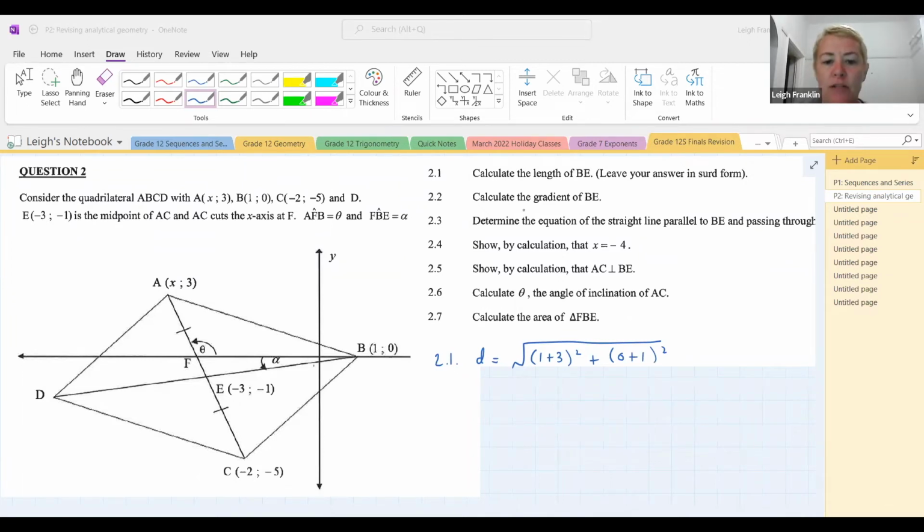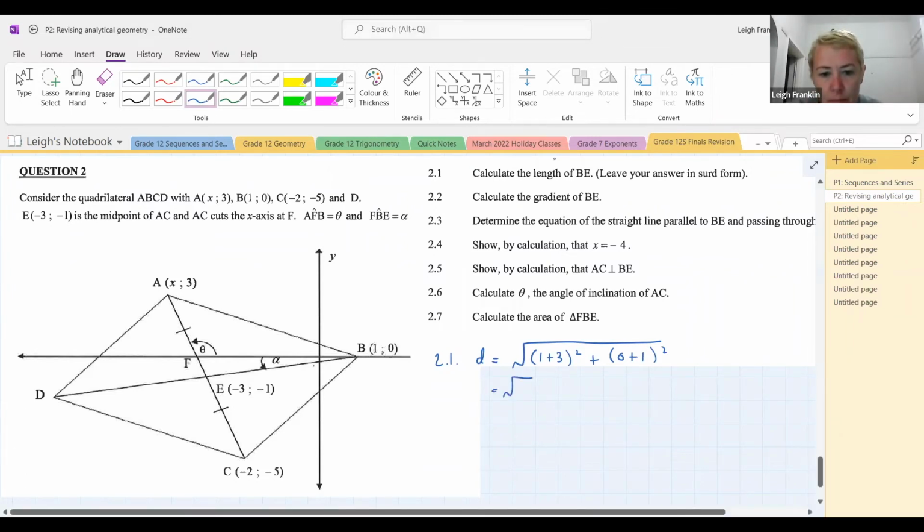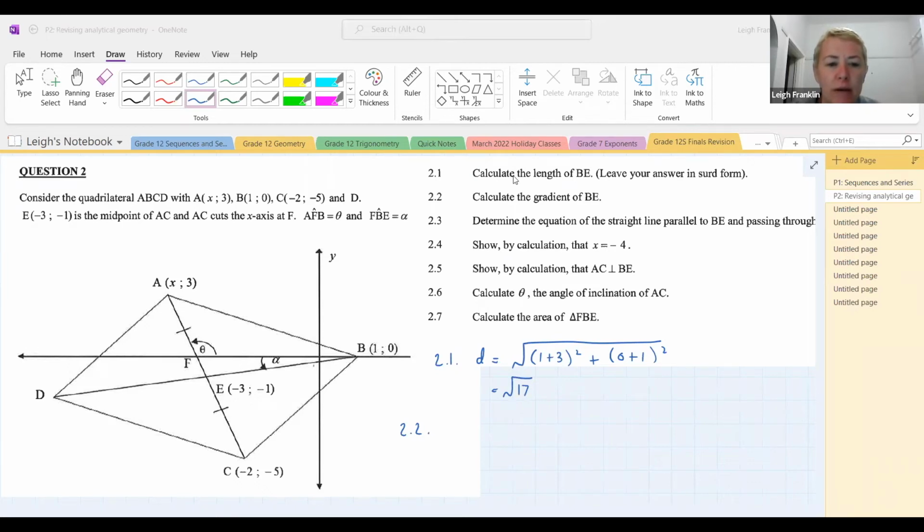Okay, so Kanisile says the distance is root 17. Anybody else getting the same answers? Cool. Okay, nice. Well done. Root 17. Gradient of BE next.